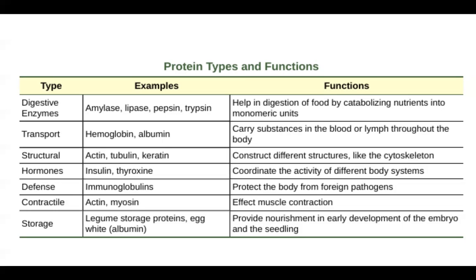Structural types of proteins actin, tubulin, keratin consist different structures like a cytoskeleton. Storage type, legume storage proteins, egg white albumin provide nourishment in early development of the embryo and the seedling.